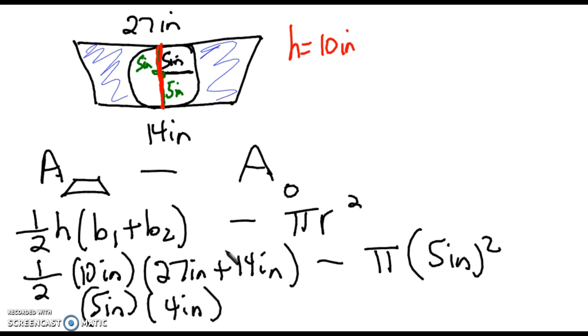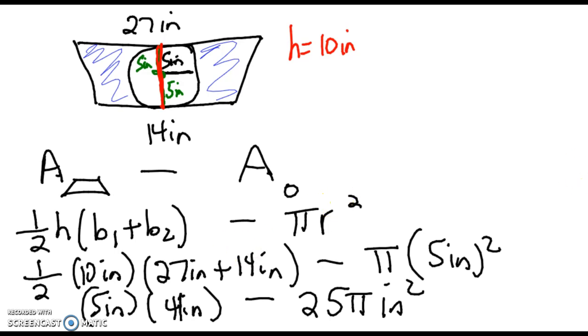You can put all this in the calculator in one single step, and the calculator will do the computation for you. Minus 25 pi inches squared. And this should have been 41 inches. Excuse me, I said 41 but did not write it.